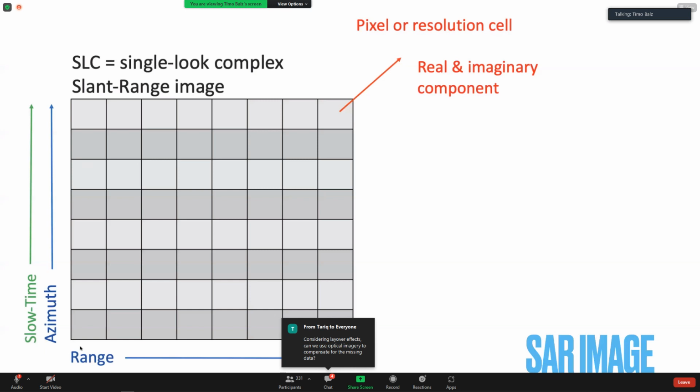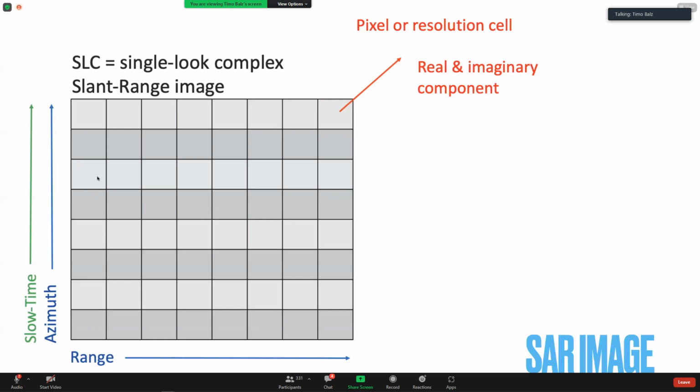So we have two directions of our SAR image. We call it the range direction and the azimuth direction. Now, I think nowadays, in most cases, the range is in X direction and azimuth is in Y direction.